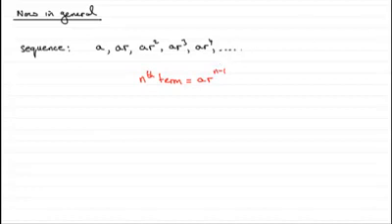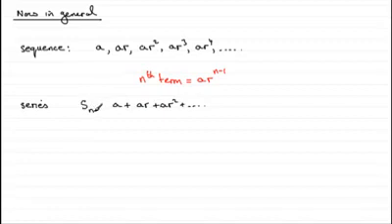Now if it came to adding these terms up, we would have what is called a geometric series. So if I wanted to add them up, let's say a plus ar plus ar squared, and so on, we're going to use a standard letter for the summation of the first n terms. That letter is often written as S with a subscript n.